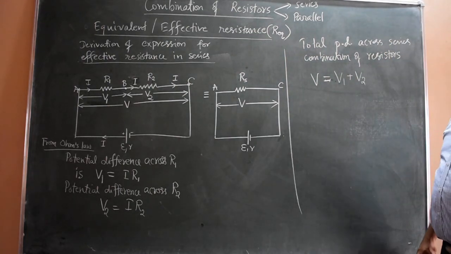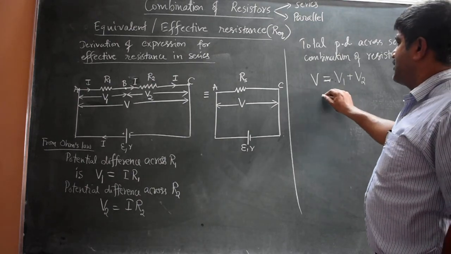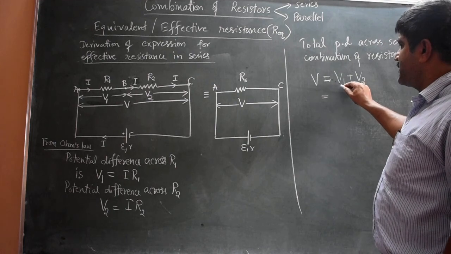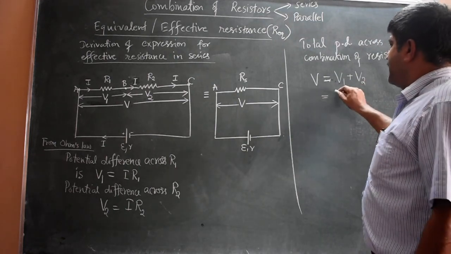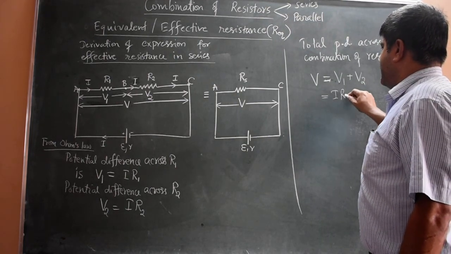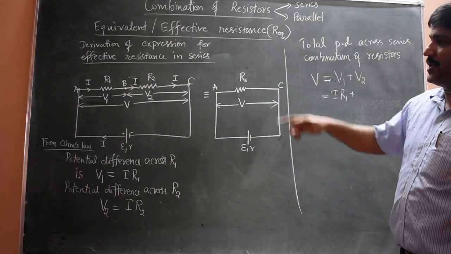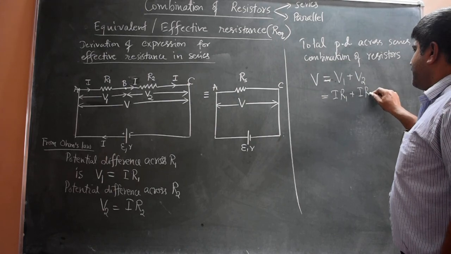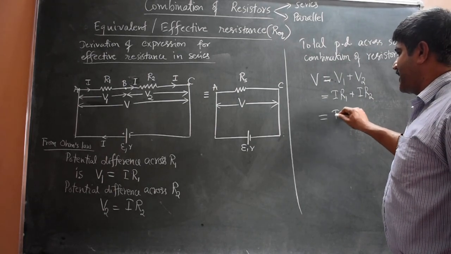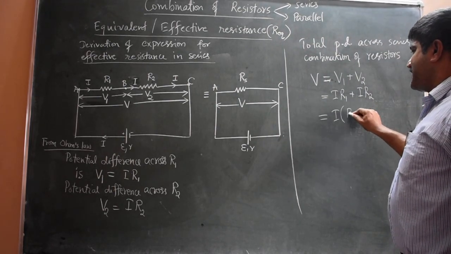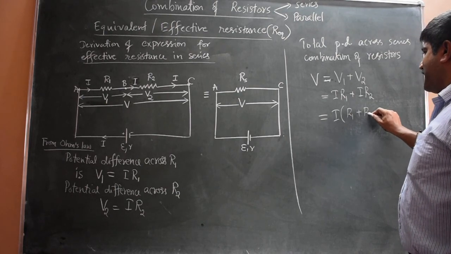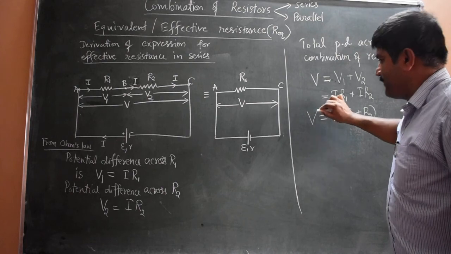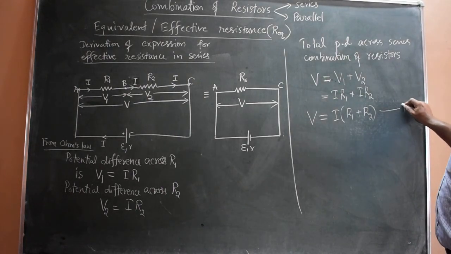Now substitute V1 equal to I into R1 and V2 equal to I into R2. Now I is common, so V equals I into R1 plus R2. That is the total PD across the combination. So this is equation 1.